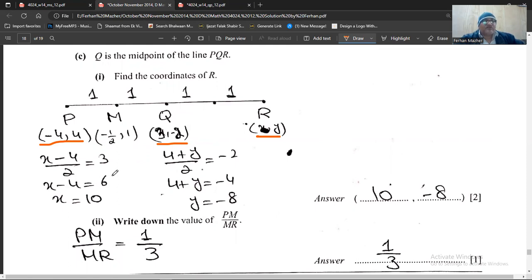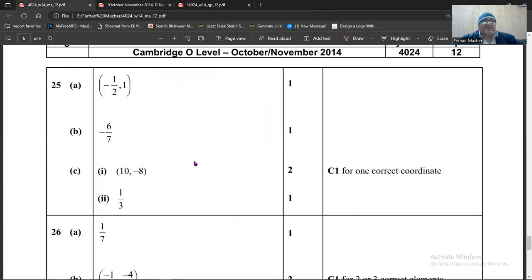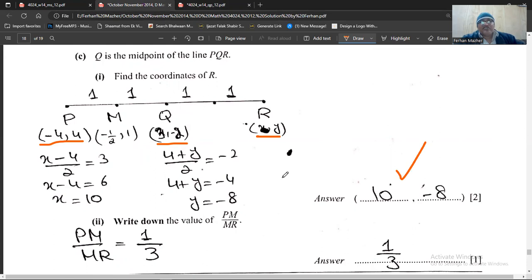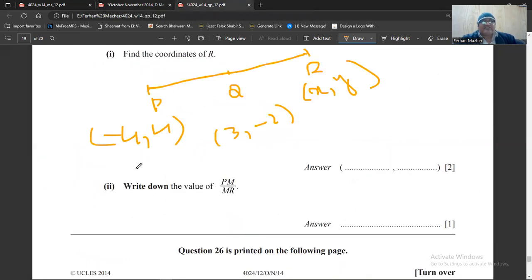So x minus 4 equals 6, x equals 10. And 4 plus y divided by 2 equals minus 2. So 4 plus y equals minus 4, y will be minus 8. So 10 comma minus 8, that's the coordinates of the point. This is the solution. That is the basic strategy. Then their question is write down the value of the PM and the MR. Okay.